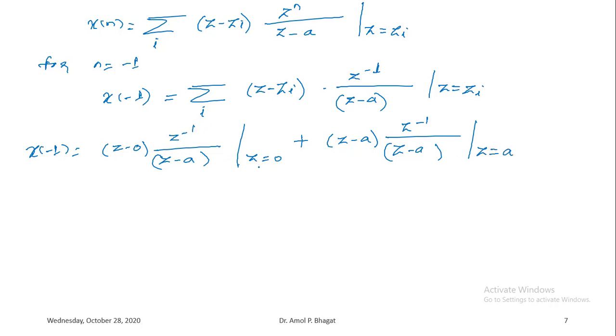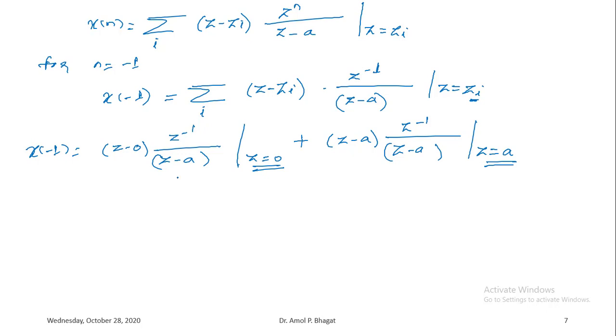So first one is for zi is equals to 0, and second one for zi is equals to a. So we have replaced this zi with 0 and this zi with a. So there are two values of poles, therefore two different terms are there. For three poles, a third term will be added, right?